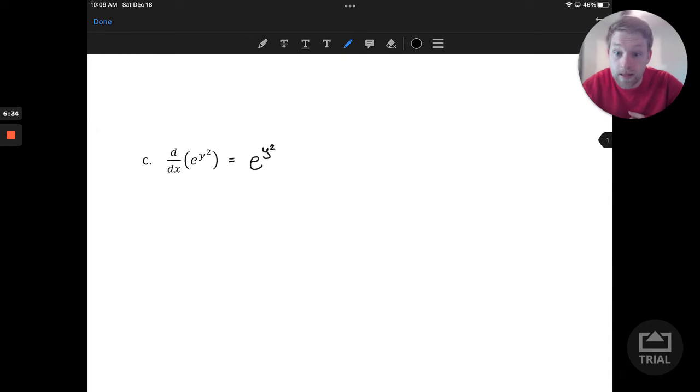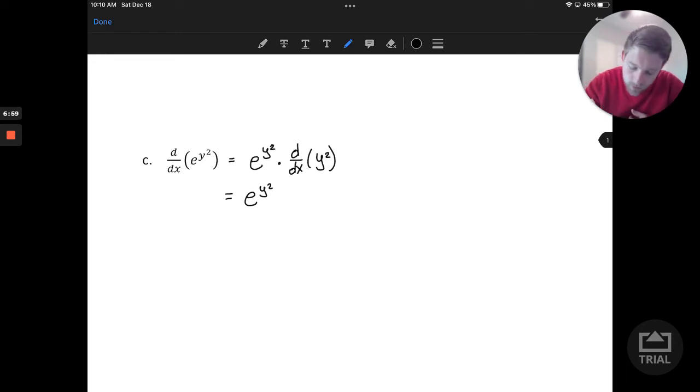So we want to really take the derivative with respect to x, and I'll do this in two steps, of the y squared term. So outer derivative, inner derivative would be take the derivative with respect to x of the y squared. And so when I do that, I have e raised to the y squared, that's the outer, and the derivative of y squared with respect to x, that's 2y as the outer derivative there, times the derivative of the y term, that's the inside function, we call again dy dx.